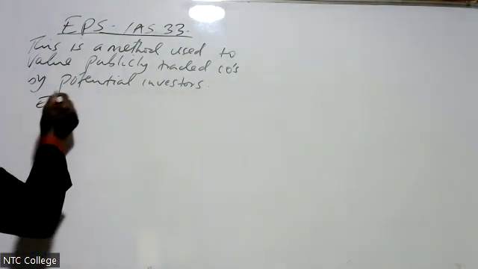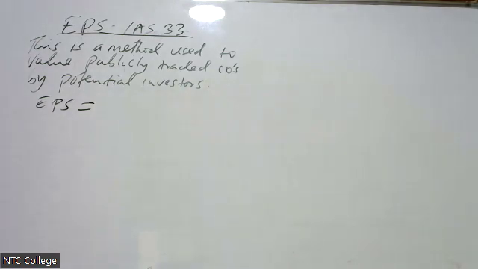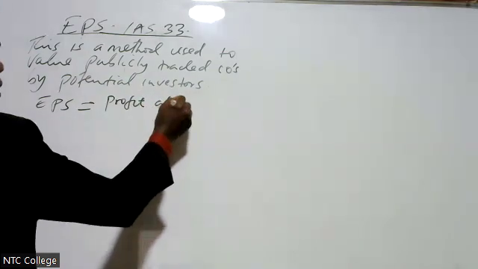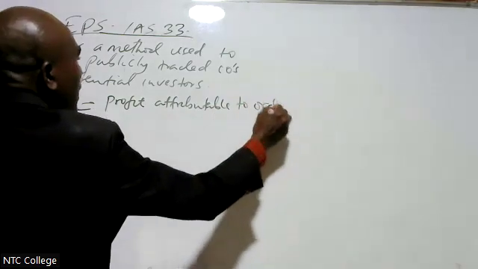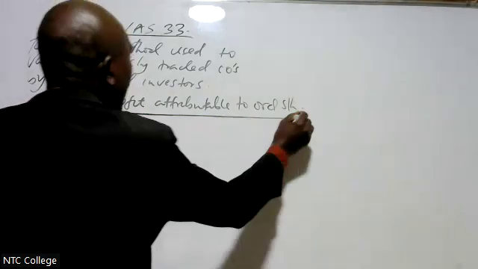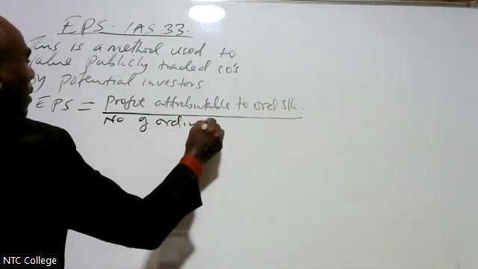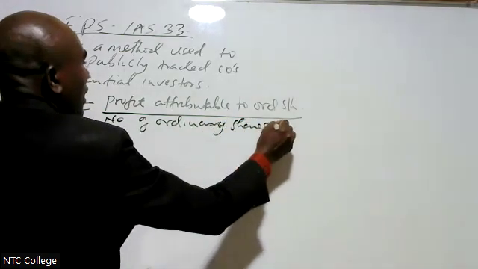Then how do we get the EPS? EPS equals profit attributable to ordinary shareholders, divided by number of ordinary shares in issue.